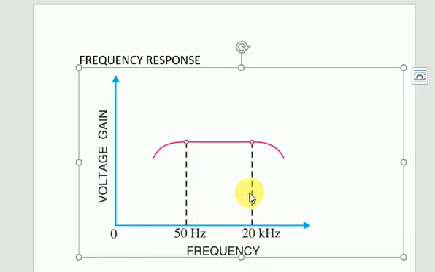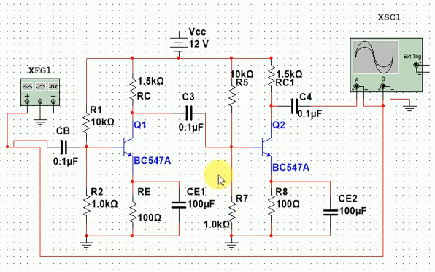Now let's see what happens for higher frequencies, that is for frequencies greater than 20 kHz. For high frequencies, the reactance of this coupling capacitor is very low and it behaves like a short circuit.